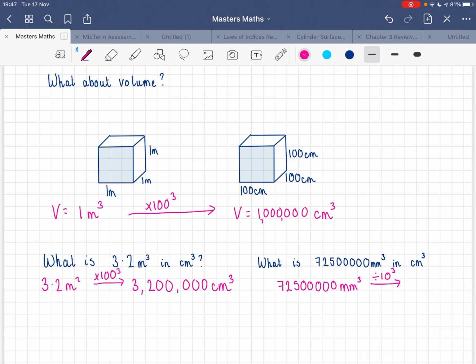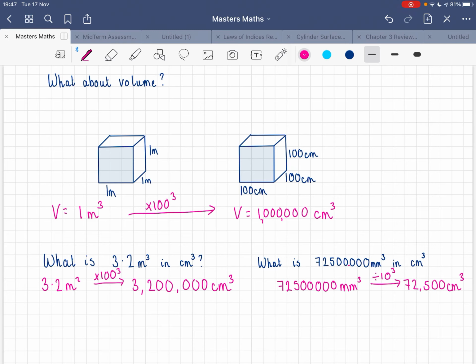But it's volume, so we have to cube that. So we have to divide this by 10 cubed. 10 times 10 times 10 is 1,000. We're dividing by 1,000 this time. So taking 3 of the zeros away would give you 72,500 centimeters cubed.